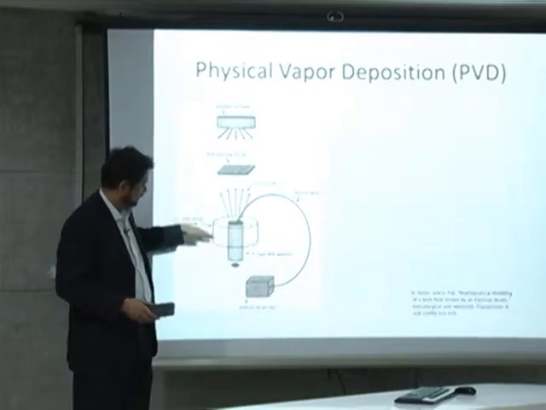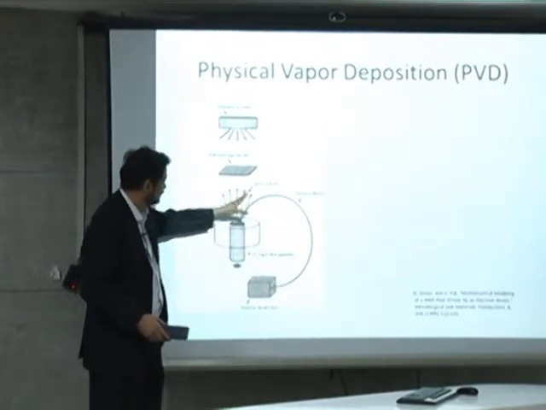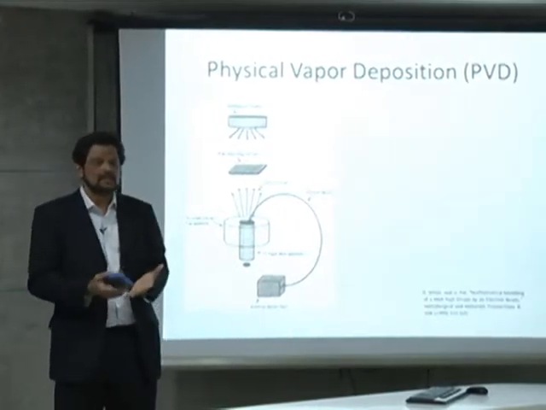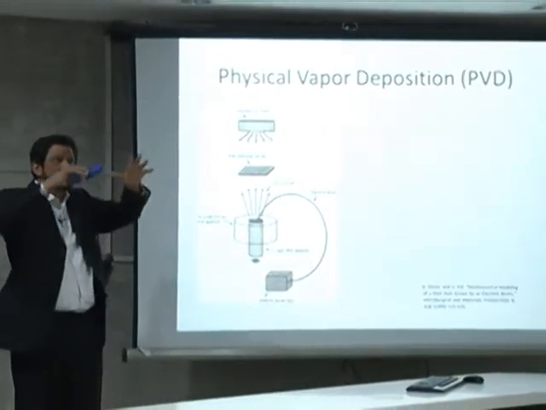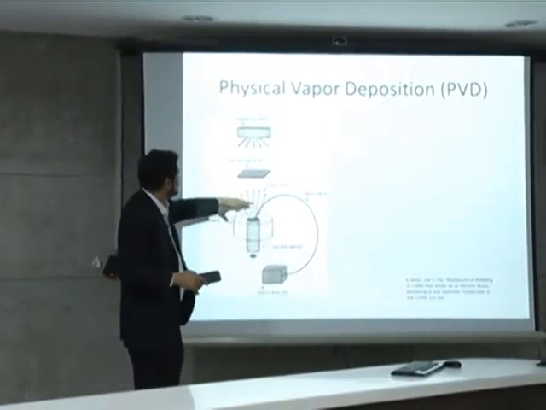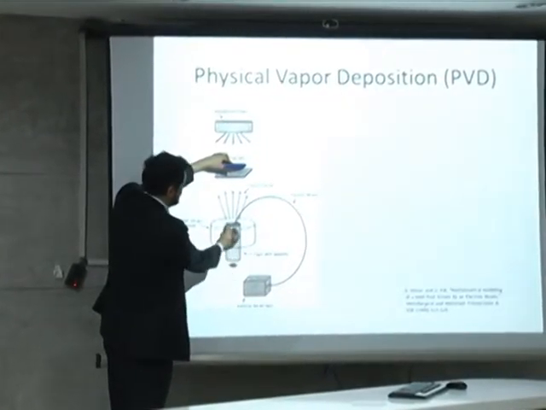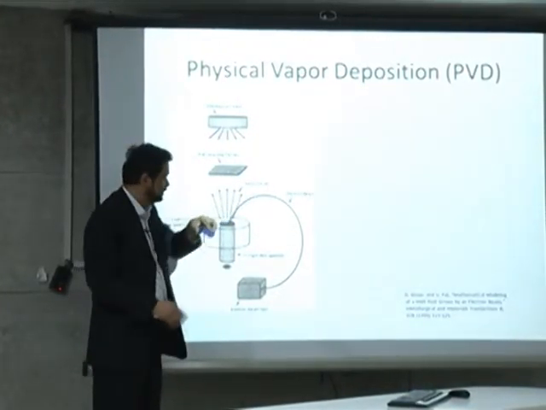Using an electron gun and magnets, you heat this so much, to thousands of degrees, it melts, it boils, it evaporates, and a vapor goes out, and the vapor deposits on the surface. So this is kept here, this is the target, and you vaporize it, and it goes on there.